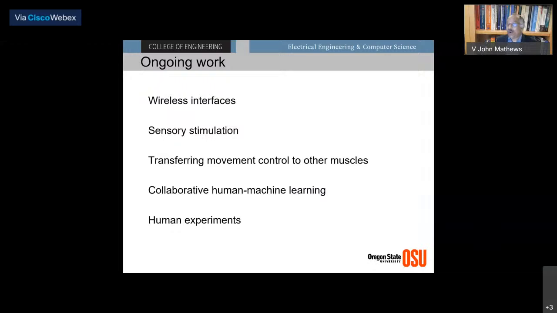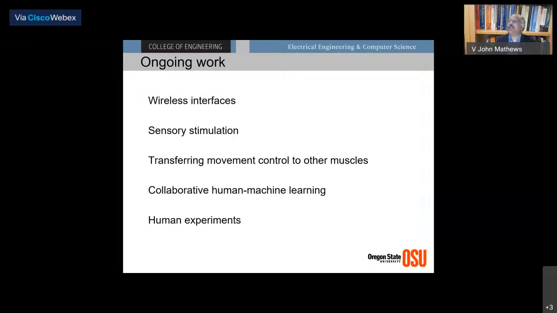Now, almost all the things that we talked about here were about controlling a prosthetic arm using muscle signals from the arm itself. If you are paralyzed in the arm, can you actually control a robotic arm with other muscles? We are looking at those kinds of problems.